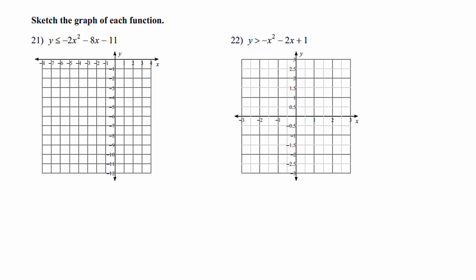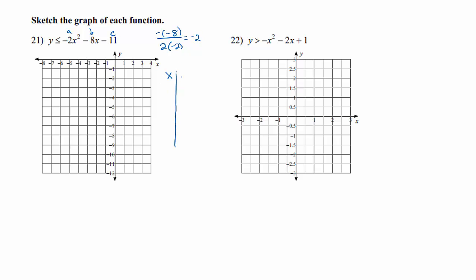So we label this A, B, and C, and fill in our vertex formula, negative 8, because it's negative b. 2 times -2, we get 8 over -4, which is -2. We pick numbers more negative and numbers more positive.